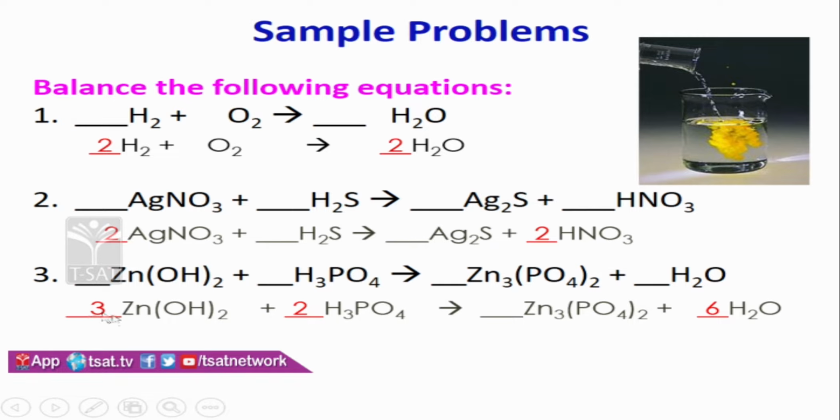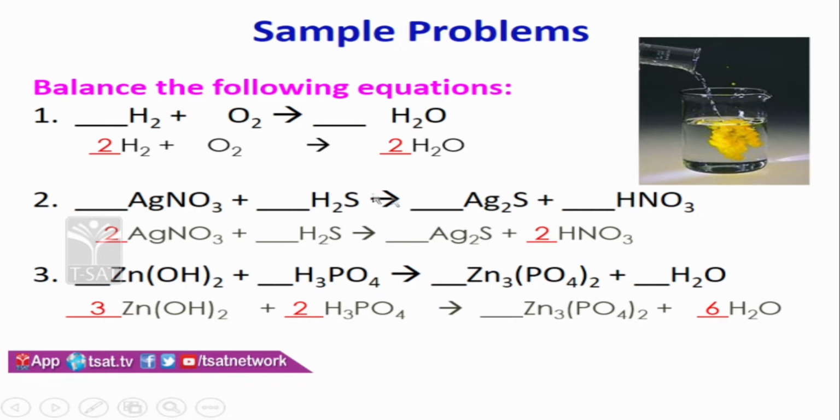Next, the other equation. 3 molecules of zinc hydroxide react with 2 molecules of phosphoric acid to give 1 molecule of zinc phosphate and 6 molecules of water. Here, this is a little bit complicated. Let us discuss this one.